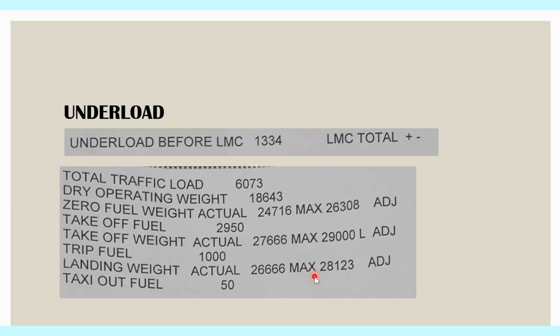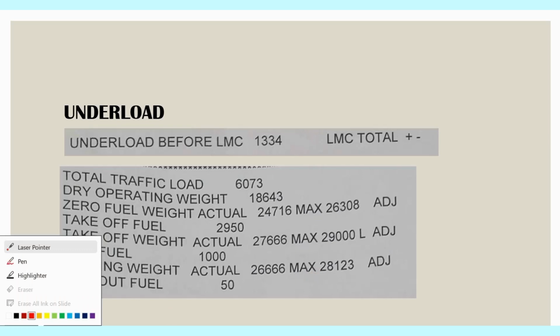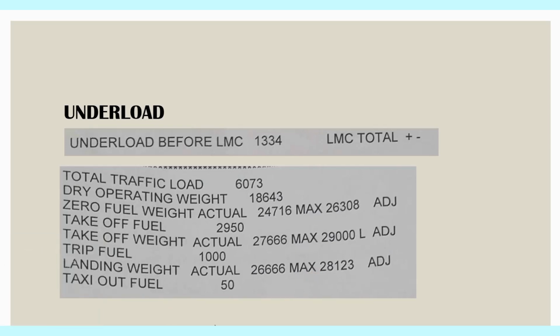Okay, so now if we work out the differences between the maxima and the actual, this is what we get. For the zero fuel weight, the difference is 1592. For the landing weight, the difference is 1457. For the maximum takeoff weight, the difference is 1334, which is exactly what you have here.